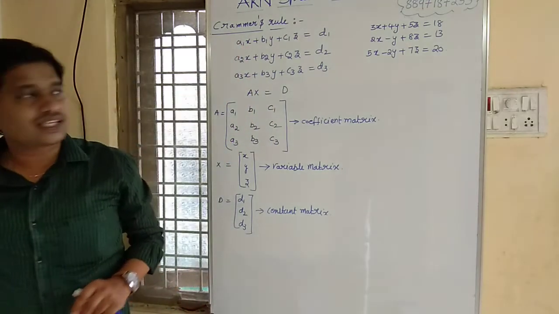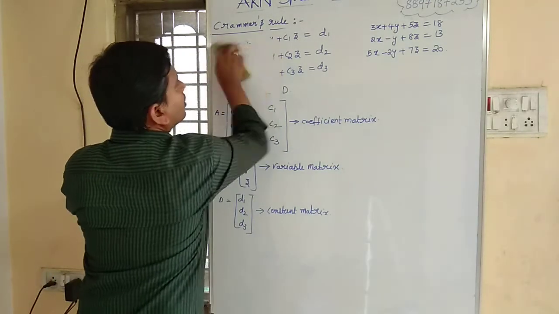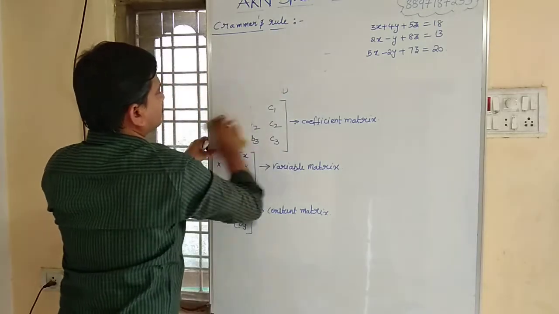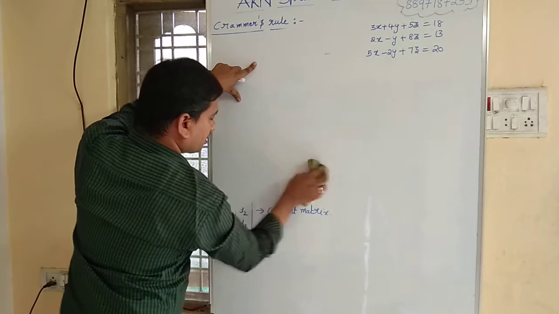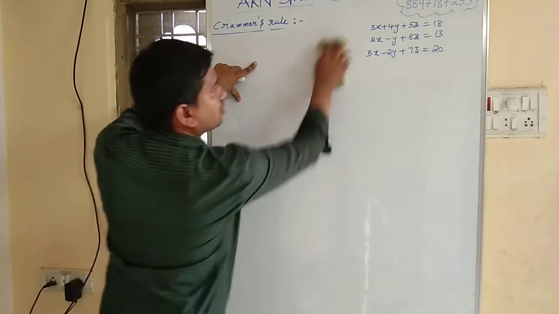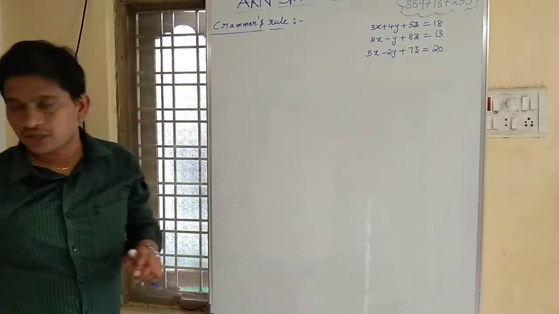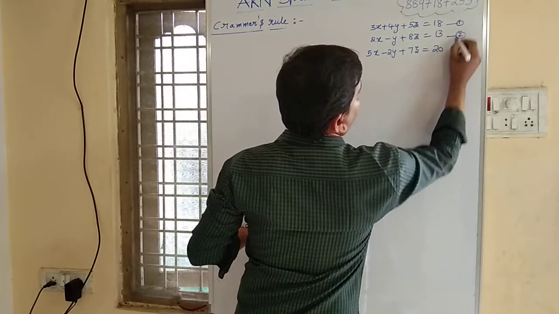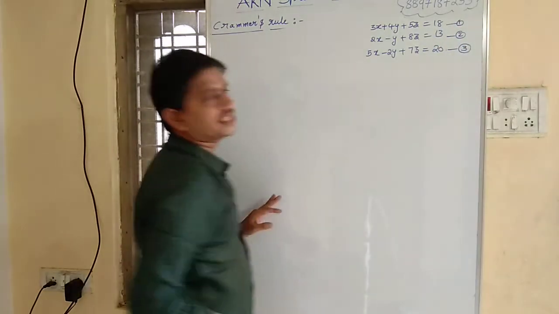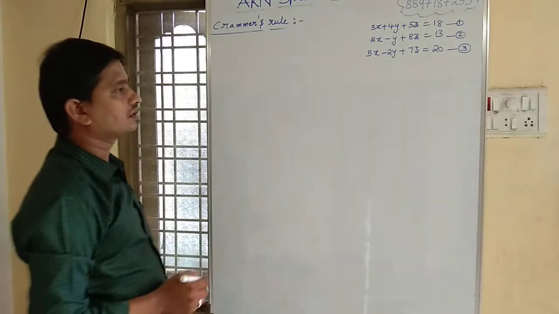So first let us write the coefficient matrix, the variable matrix and the constant matrix. This is equation 1, equation 2 and equation 3. We have three equations.